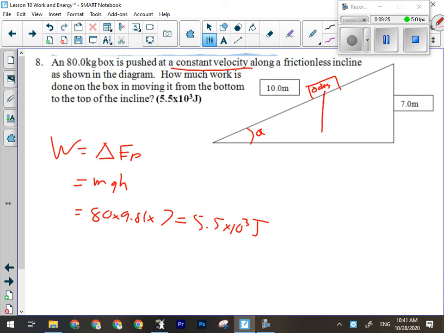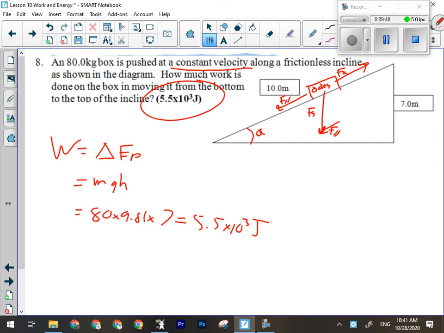I need to find FG. I need to find F parallel. And then I have to understand that the applied force is equal to F parallel because it's moving at a constant velocity. Then I would multiply F applied by the distance, 10 meters, and I would still get this number. But that's a lot more work.